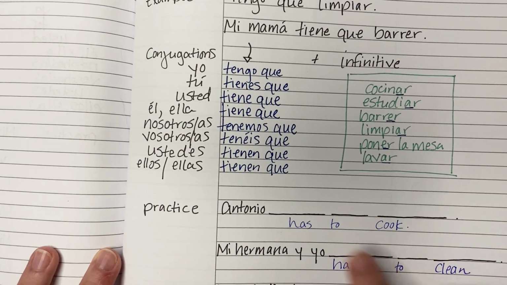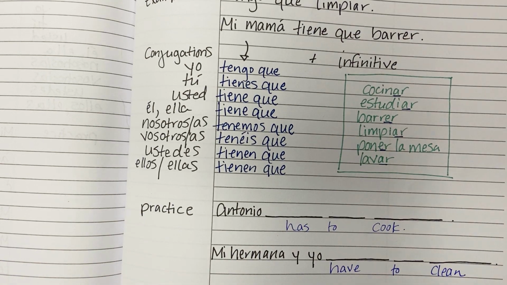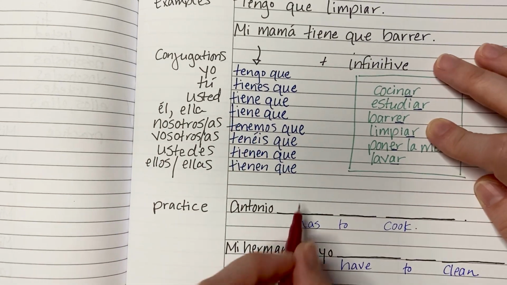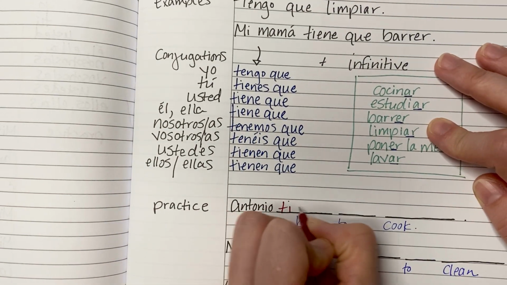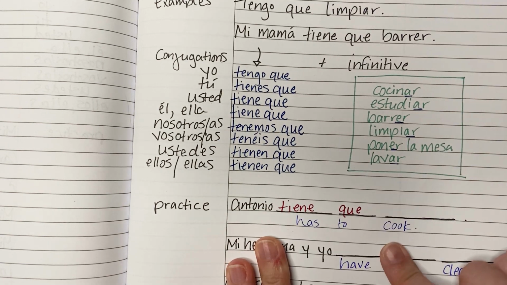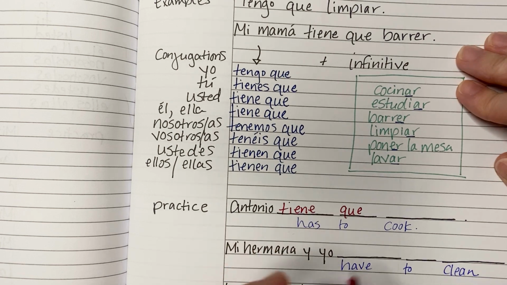Here's our first one. Antonio has to cook. Antonio would be a he, right? Él. So we're going to say tiene que. And then cook, leaving it in the infinitive, cocinar.